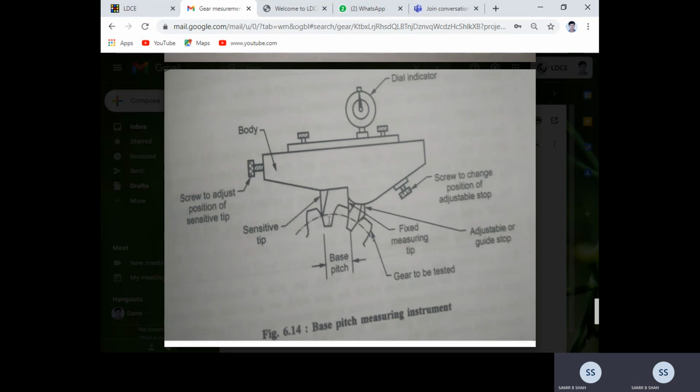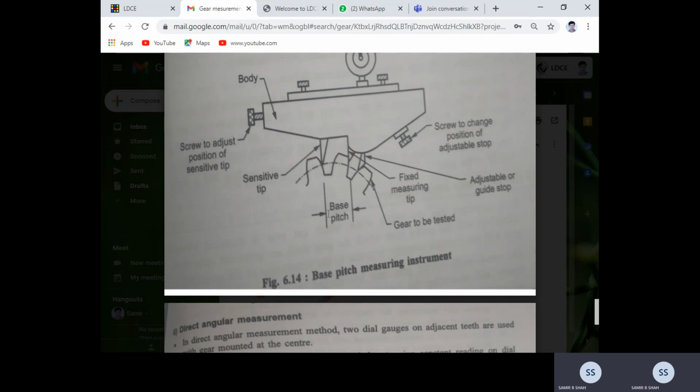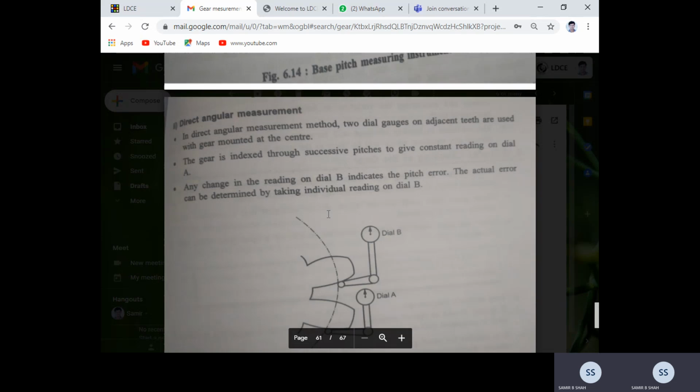The properly set instrument is applied to the gear so that all three tips contact the tooth profile. The reading on the dial indicator gives the error in the base pitch, right? Whatever error we get, we directly understand it as the error in the base pitch. So this is the direct step-by-step method.